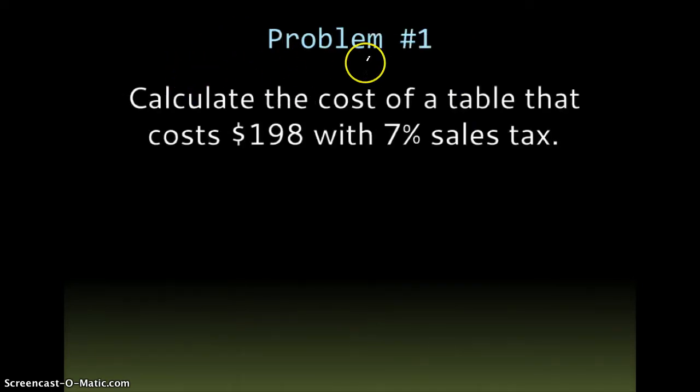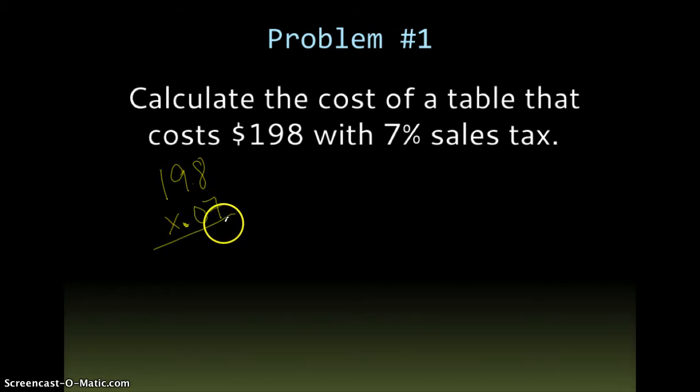So if we want to calculate the cost of a table that costs $198 with 7% sales tax, well, we need to find what the 7% sales tax is. So 7% of 198 means we need to multiply it. So 198 times 7%, which as a decimal is 7/100ths. We're going to multiply.